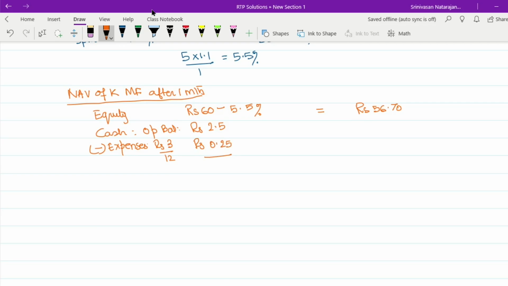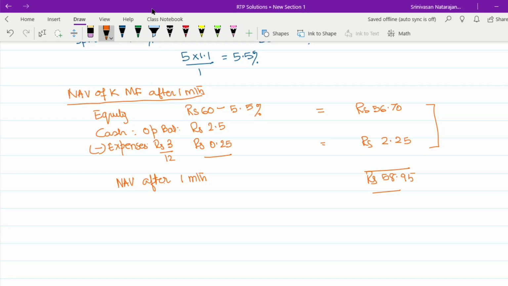So the closing cash balance will be rupees 2.25. Therefore, the sum total of this will be the NAV at the end of 1 month. So NAV after 1 month, 58.95. So that is the solution for this problem.